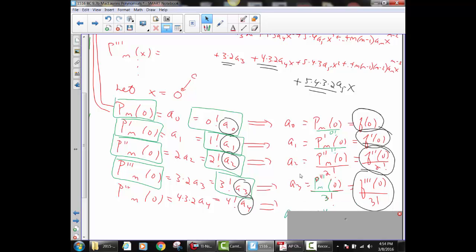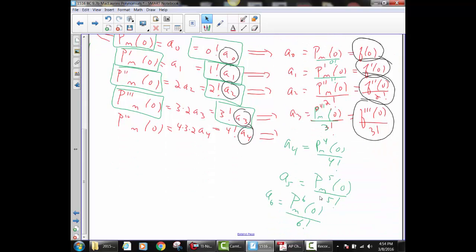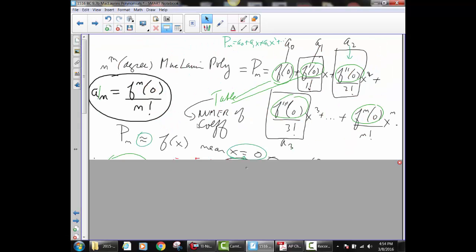So we have f of 0, f prime of 0, because 0 factorial and 1 factorial are both 1. f double prime of 0 over 2 factorial, etc. Same idea. a5 would be the fifth derivative at 0 over 5 factorial. a6 would be the sixth derivative at 0 over 6 factorial.